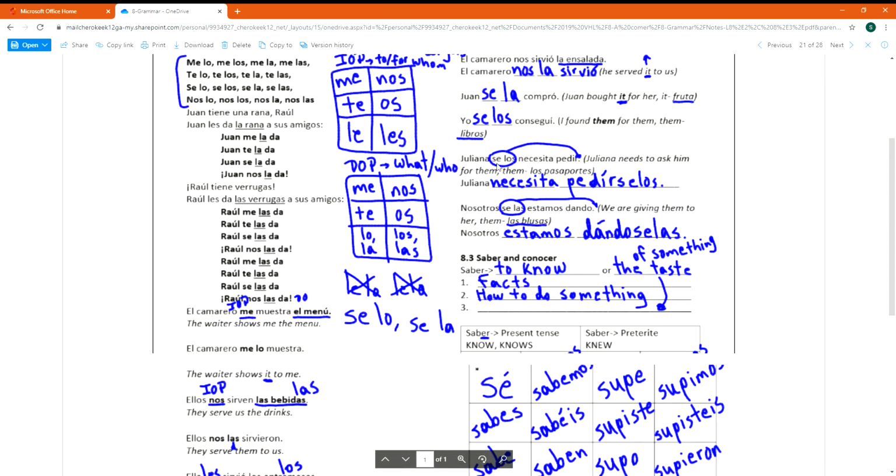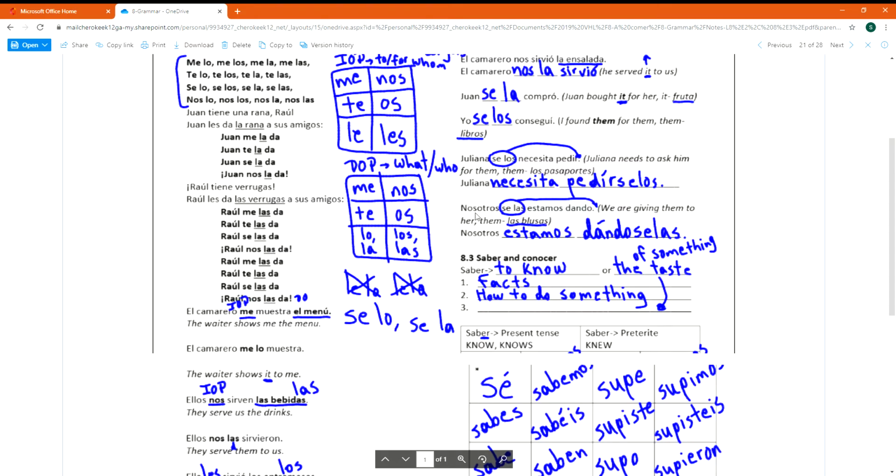We have two verbs, necesita and pedir. So, what's our second option? To take that double object pronoun and attach it to the second verb. So that becomes "Juliana necesita pedírselos." We do add an accent on the third syllable back, but I'll be honest with you guys, I really don't care if you know where that goes or not.